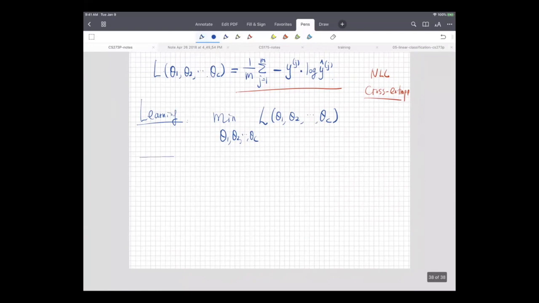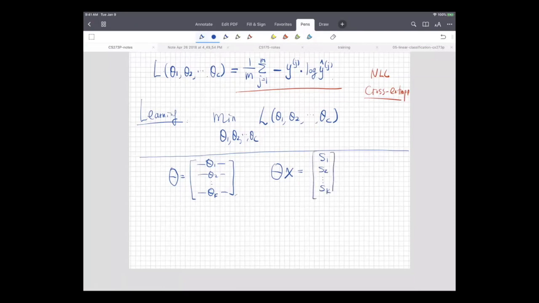Before doing that, notation-wise, you can also make things more compact. Remember theta here; you can represent it with a matrix. Then what is theta times x? That will be a vector of the scores: S1, S2, up to SK. Now if I apply a softmax to theta x, that will be my predicted probability.